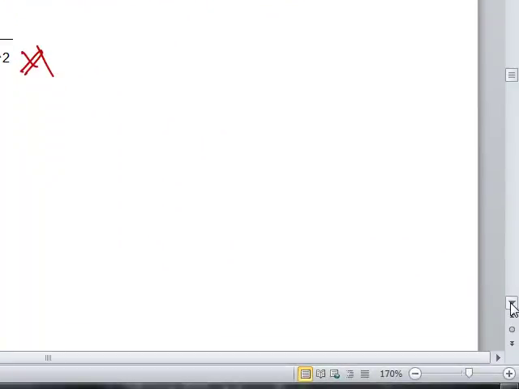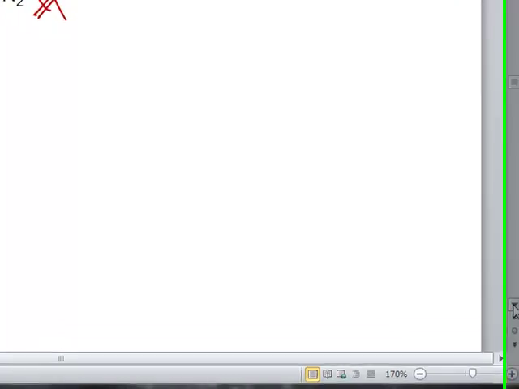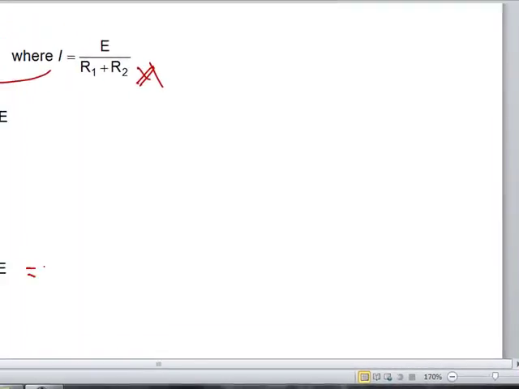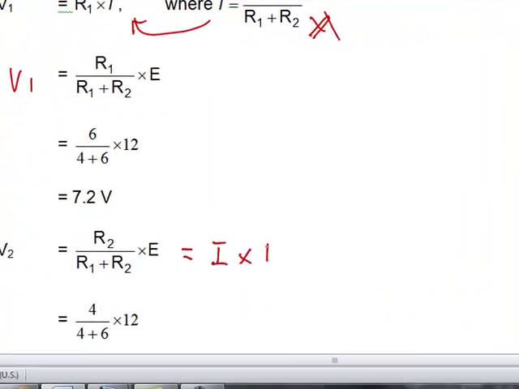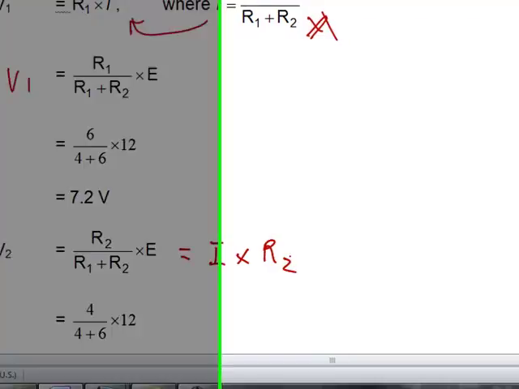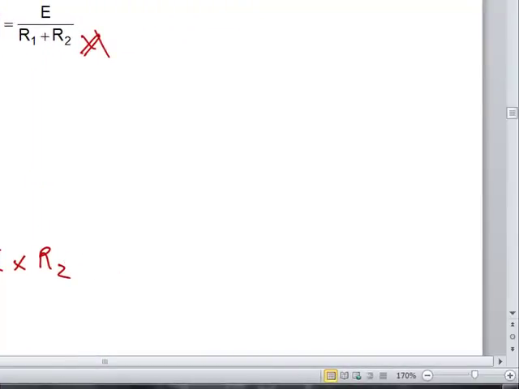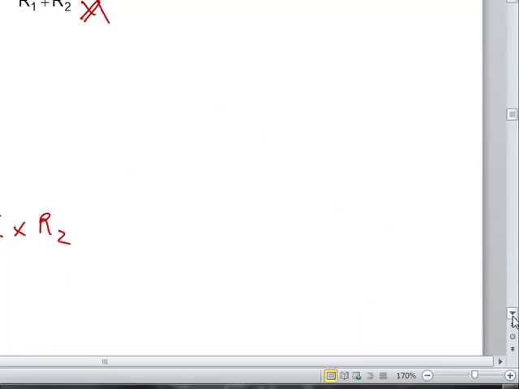Now, similarly, I can apply this same current equation to calculate the PD by multiplying I to R2, and I get the formula of R2 over the total resistance times the EMF source. Substituting the values inside, I will get 4.8 volt.